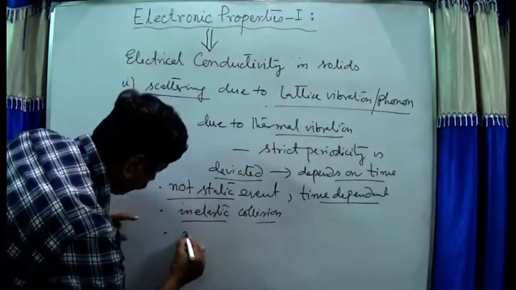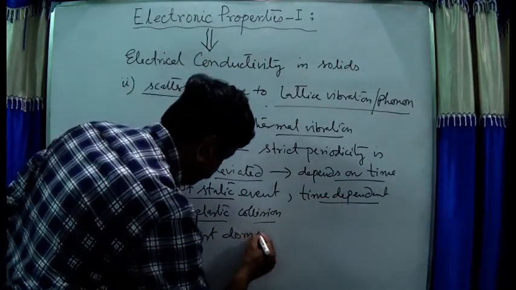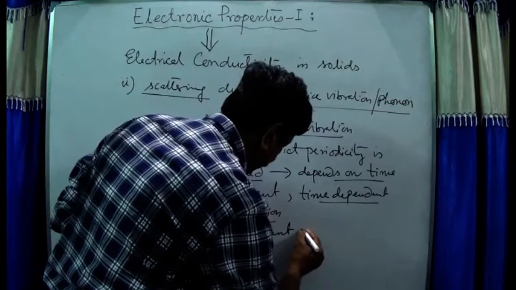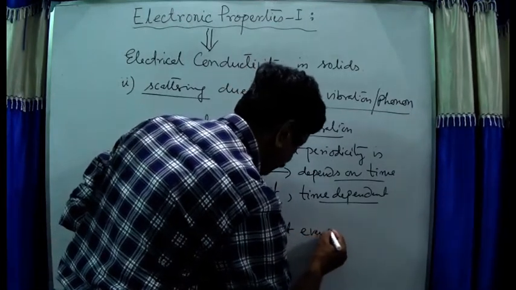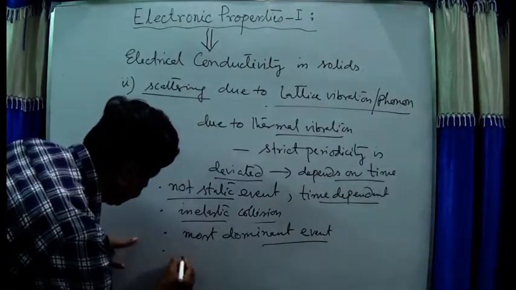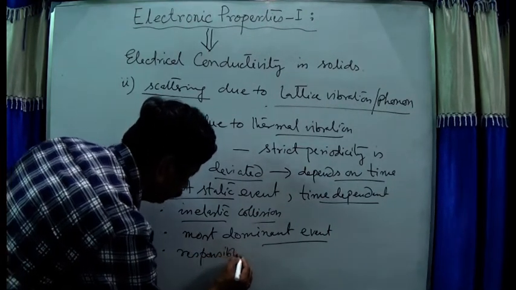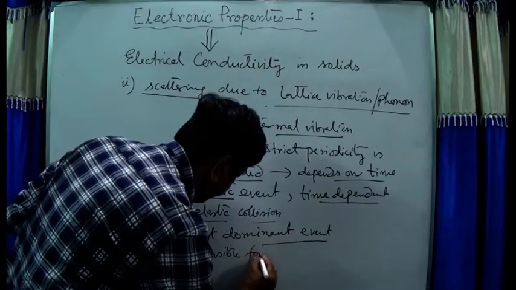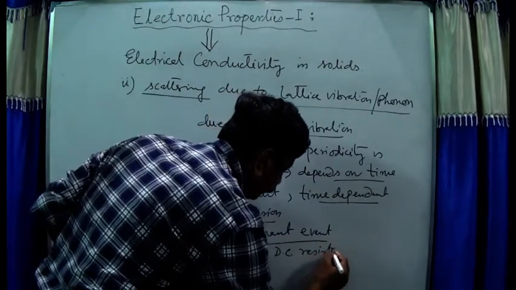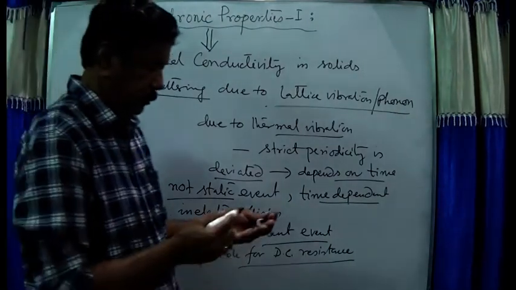So it is called the most dominant feature or most dominant event, and it is responsible for DC resistance. Okay.